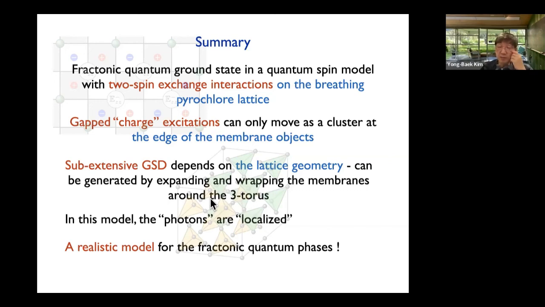I haven't thought about that, but I think that depends on the spin model. For this particular model that I talked about, you can only have certain kinds of background charge configuration, right? That restriction really comes from the microscopic model. The same is true for the quantum spin ice model, depending on whether you start from say the zero flux state or the pi flux state. There are different constraints on the background charge configuration.